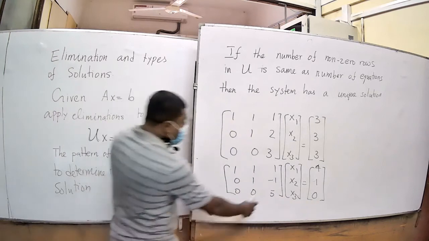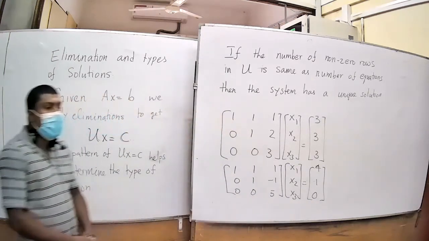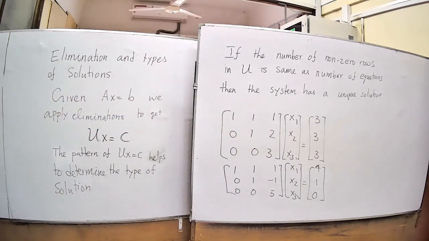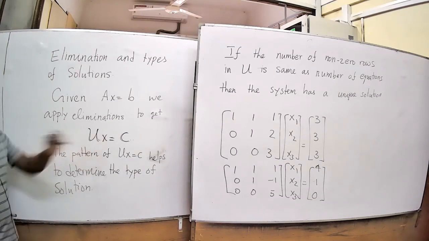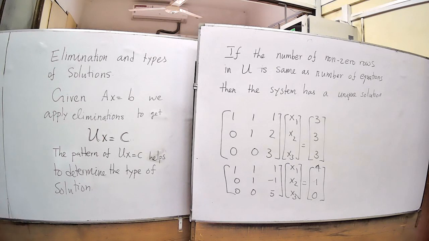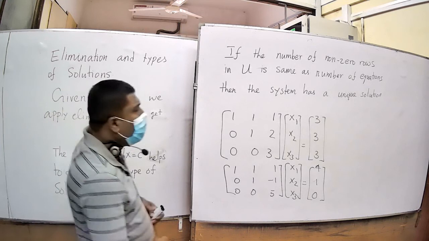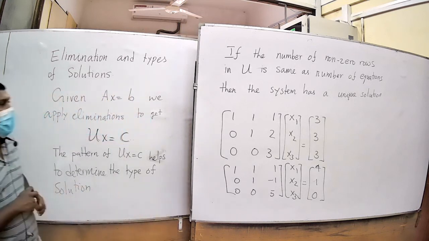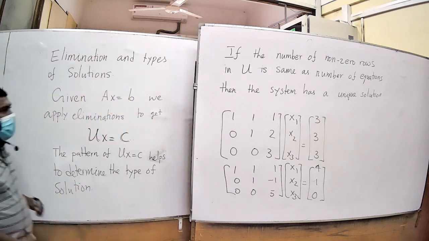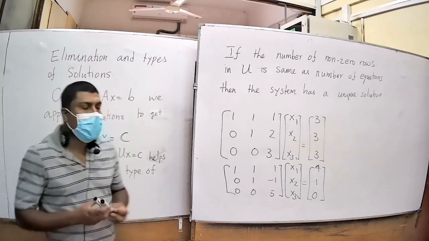So the only thing is you have to see how many non-zero rows you have in this system. In the upper triangular system, if that is equal to the number of equations or number of unknowns, then clearly you can say that this system has a unique solution.